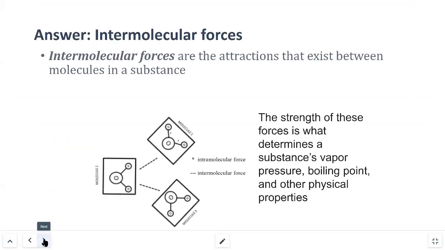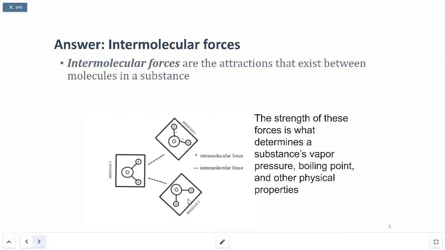They're not correct, but they're coming off of an idea that's not incorrect. So let's get into what the answer is. The answer is intermolecular forces. Intermolecular forces are the forces of attraction that exist between molecules of a substance and other molecules of that same substance.